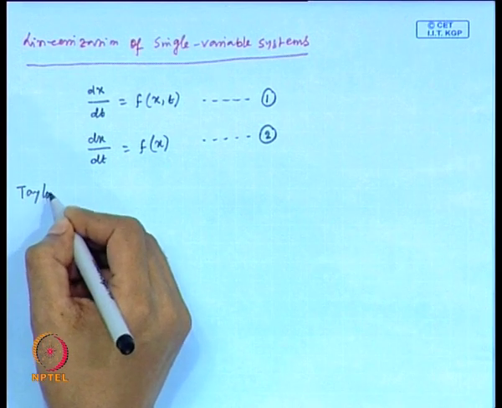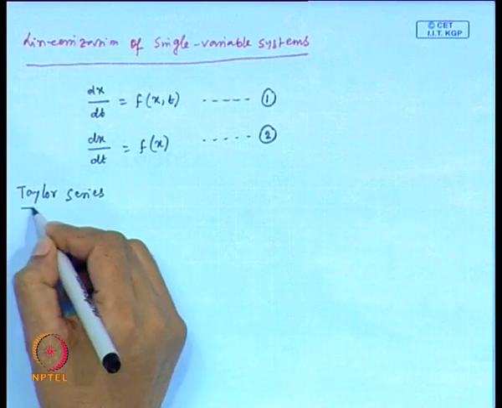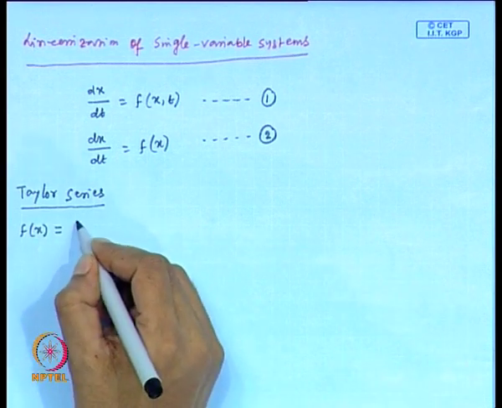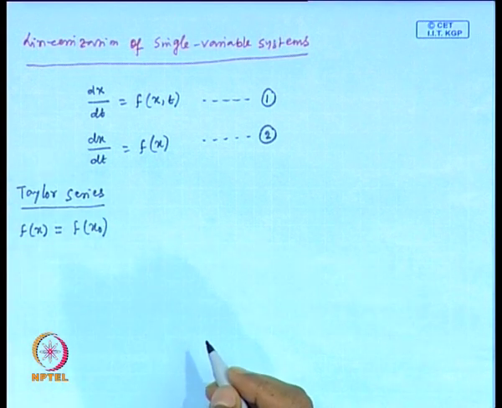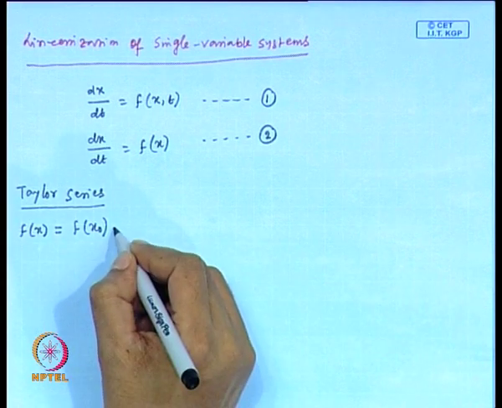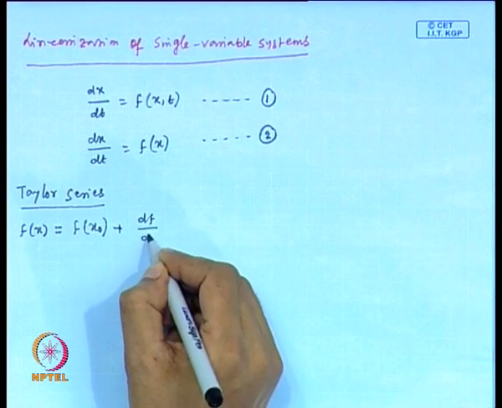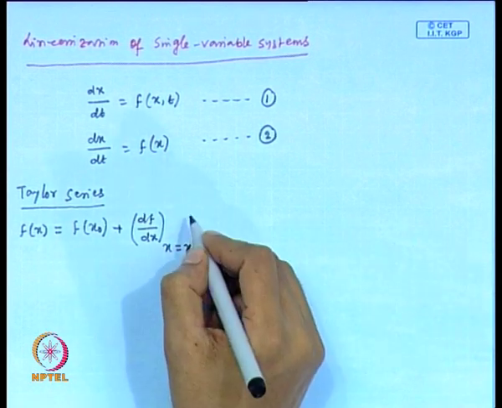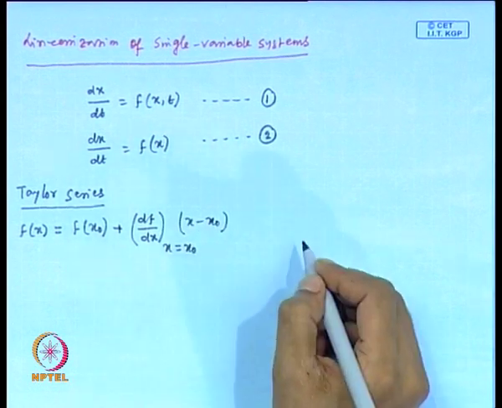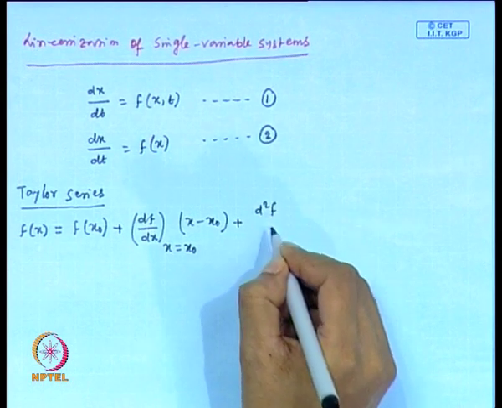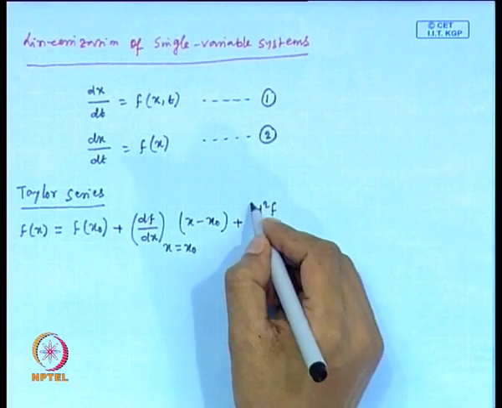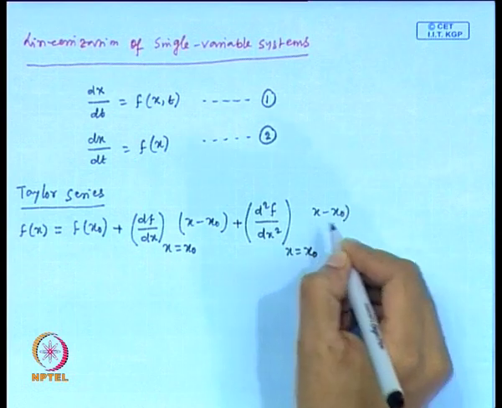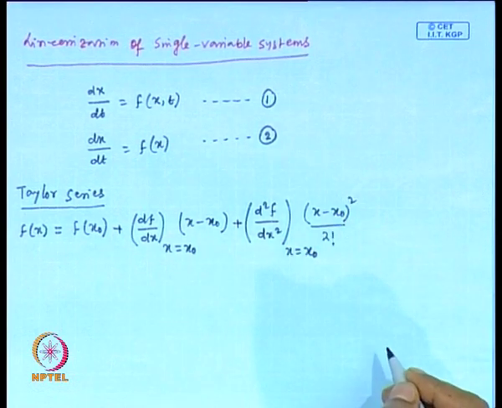So, we will use the Taylor series to linearize f(x). Accordingly, f(x) equals f(x naught), where x naught is the reference value of x, plus df/dx at x equals x naught times (x minus x naught), plus d2f/dx square at x equals x naught times (x minus x naught) whole square divided by factorial 2.